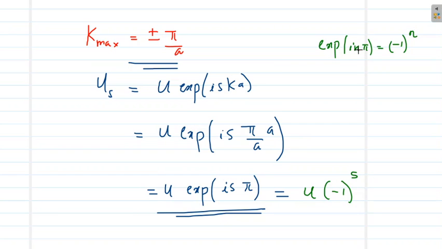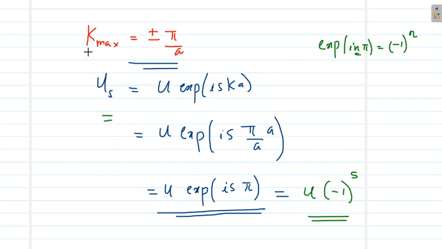Depending on the value of n, we will have either plus or minus 1 as the answer, because exponential i 2 pi is 1, but 3 pi is minus 1, and so on. If we have an odd number here, we have minus 1 as the answer, and if we have an even number here, we have plus 1 as the answer. So this is the final answer to this function: u_s will be u into minus 1 whole raised to s.